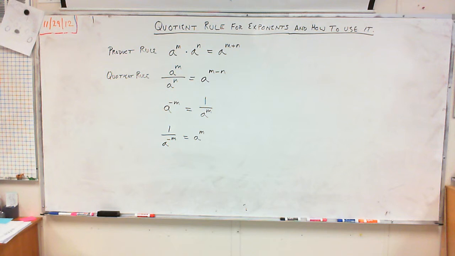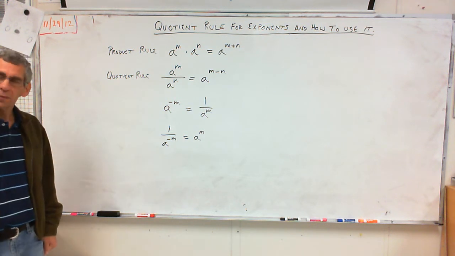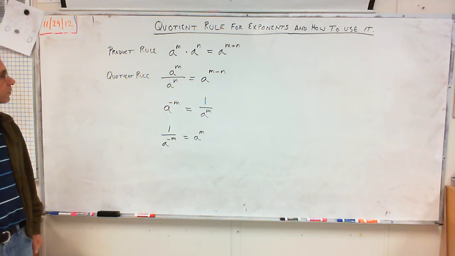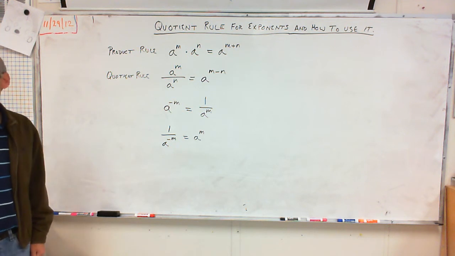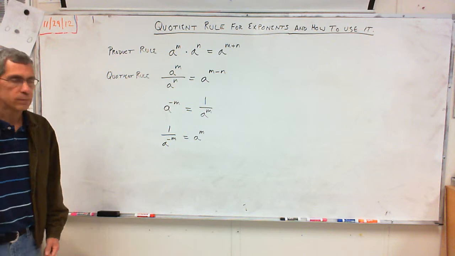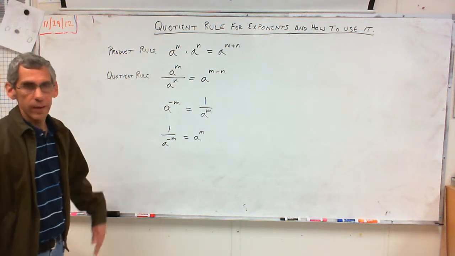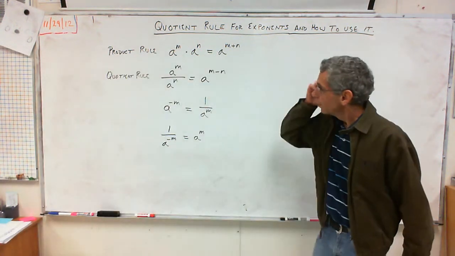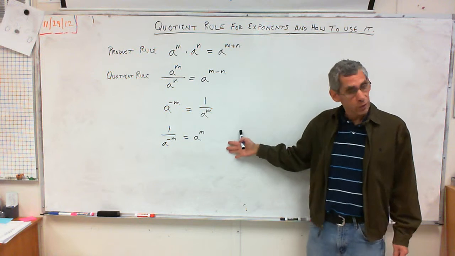And I don't know what those are called. Do you know what those are called, Nate? Negative exponent rule? Maybe. It doesn't matter what it's called, but it's a rule.